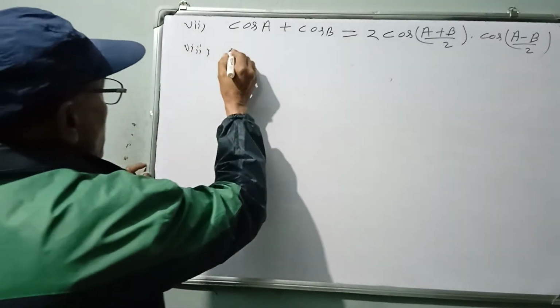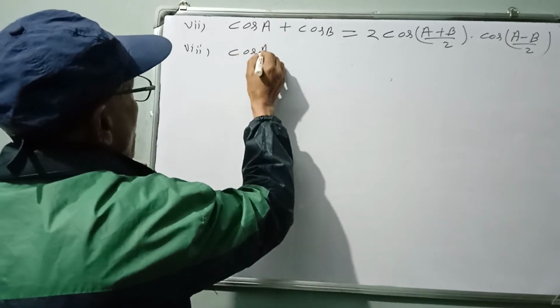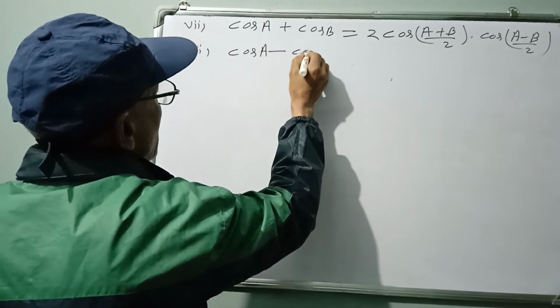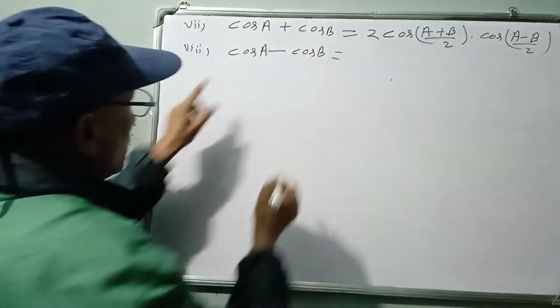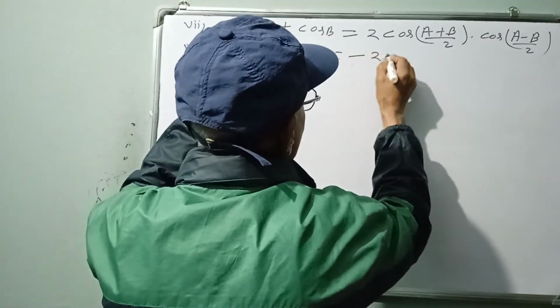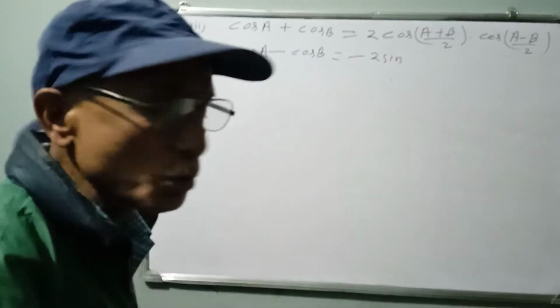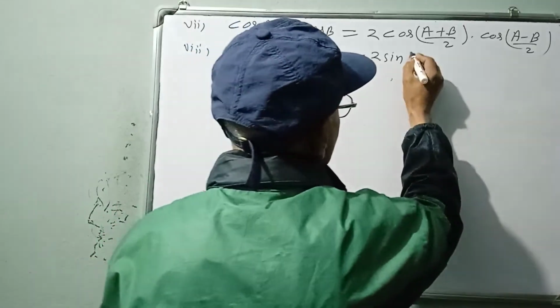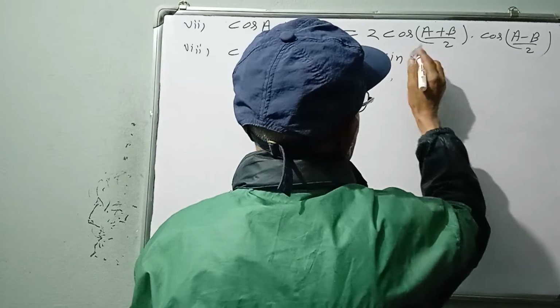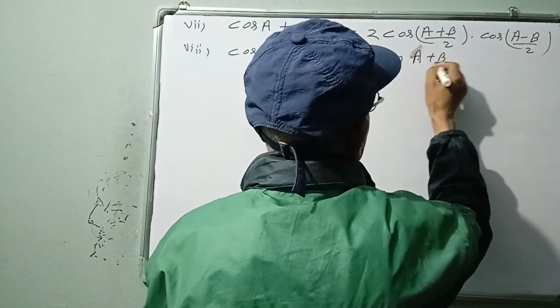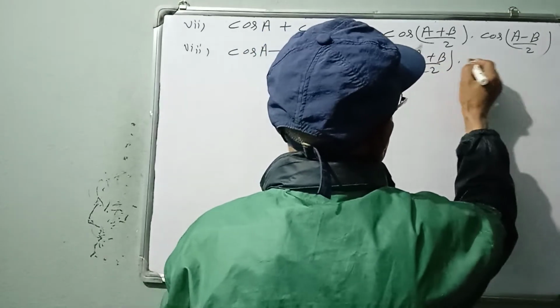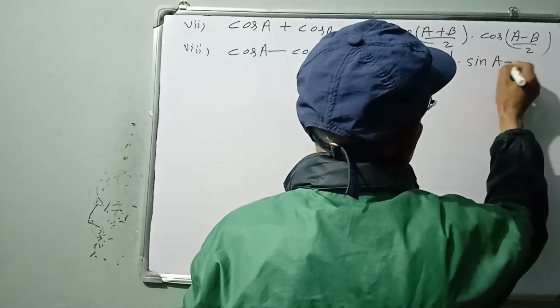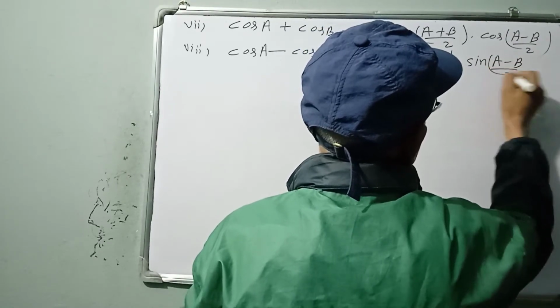Number 8, cos A minus cos B. This one has two formulas: 2 sin cos, and minus cos is 2 sin sin. It means cos A minus cos B equals minus 2 sin A plus B by 2 into sin A minus B by 2.